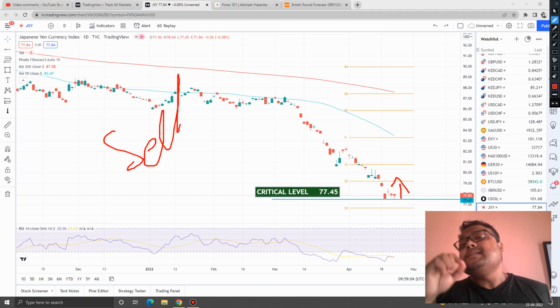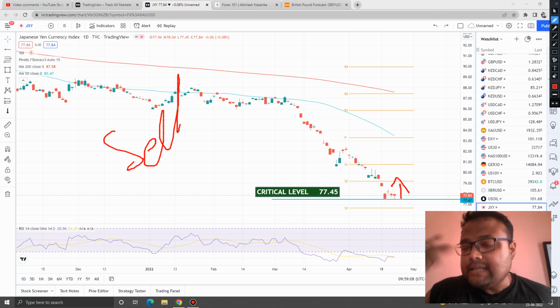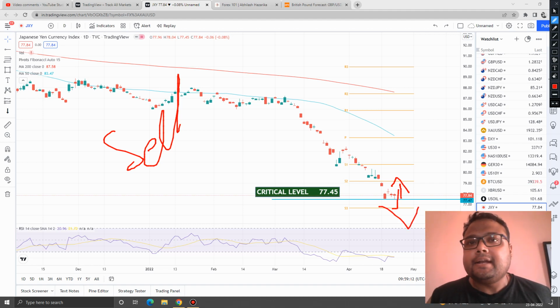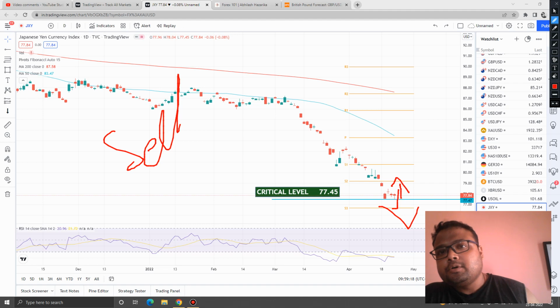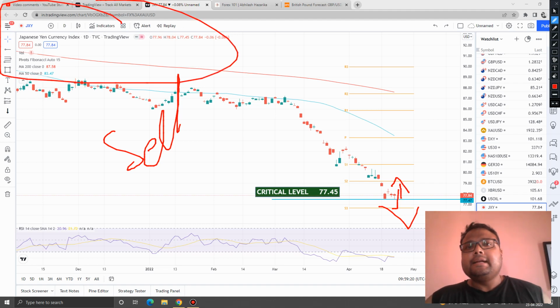But if the weakness on JXY, the Japanese yen currency index, continues, and it breaks the level and starts falling again, then we will see bullishness on all the Japanese yen pairs again. So this index is extremely important right now.